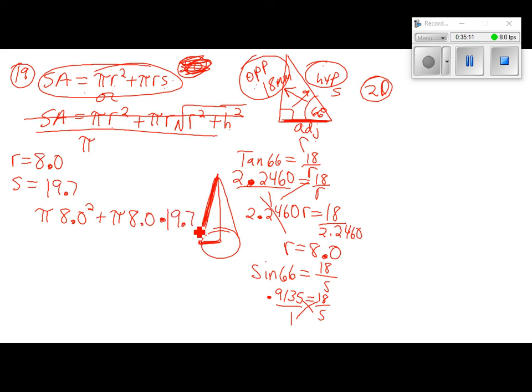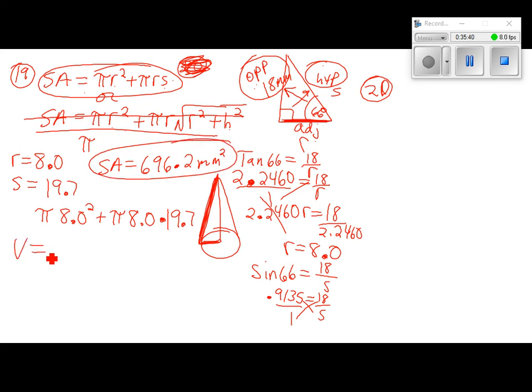You can punch all that right into your calculator just that way and get your answer. When I punched all that in, I end up with the surface area equals about 696.2, and our units this time were millimeters, so millimeters squared.